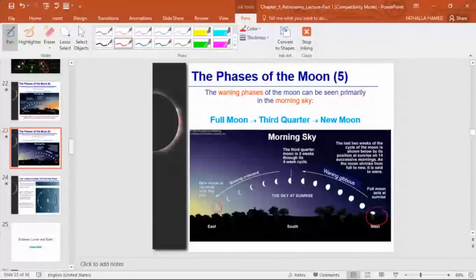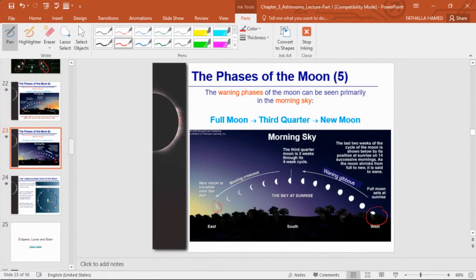The waxing crescent can be seen just after sunset in the west, and the last waning crescent can be seen just before sunrise in the east. And many can tell what time the month is going to start by looking at this last crescent.